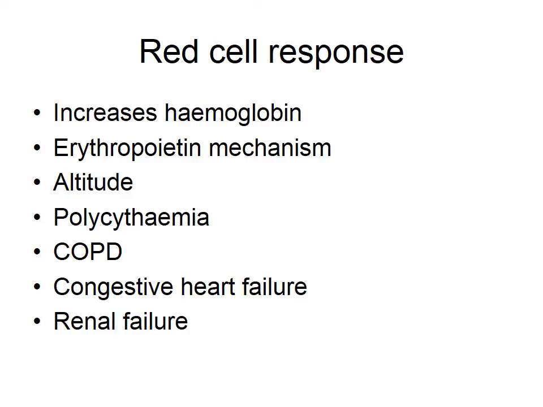And this regulation of the secretion of erythropoietin is the main mechanism which controls the number of red blood cells in the circulation at any one time, and therefore it's going to influence the oxygen carrying capacity of the blood.